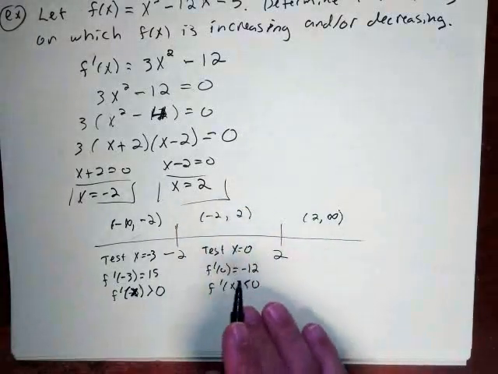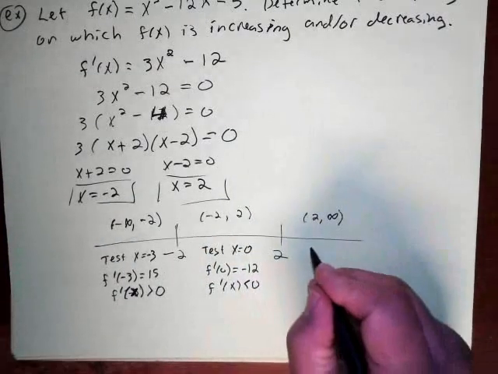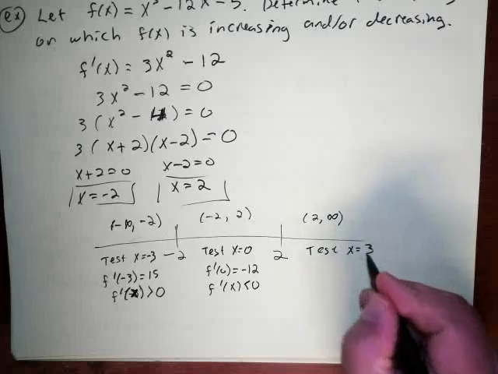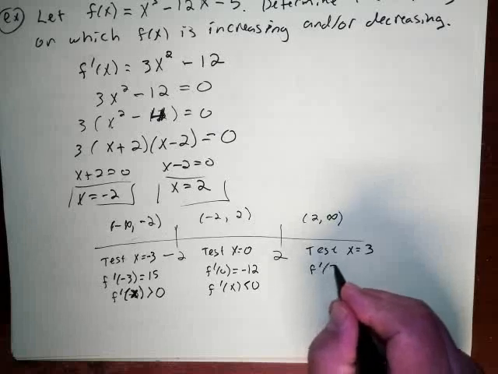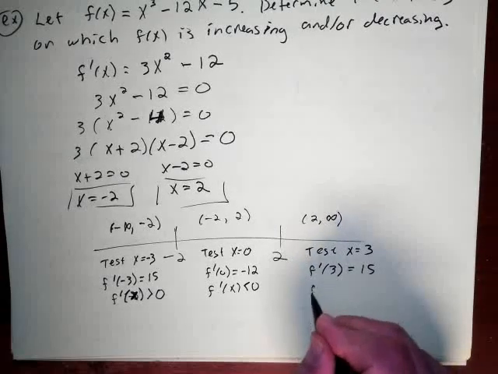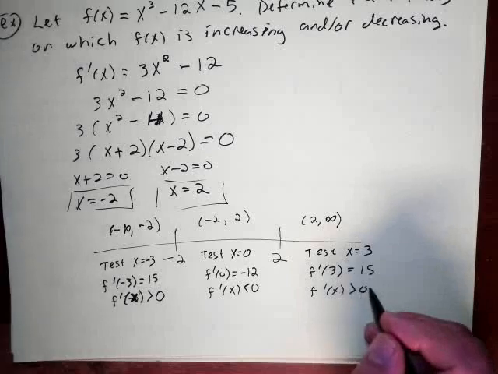If it's negative at that value, it's negative over the whole interval. Okay, and then here maybe I'll test not negative 3 but 3, and then f prime of 3 is going to be 15 again, and so f prime of x is greater than 0.